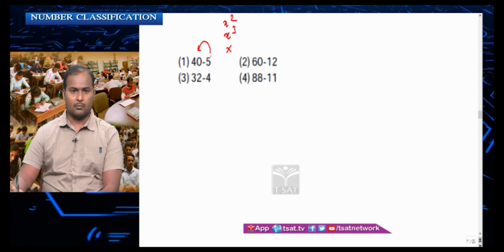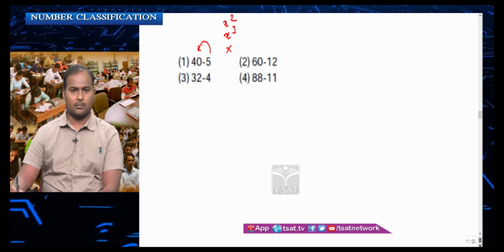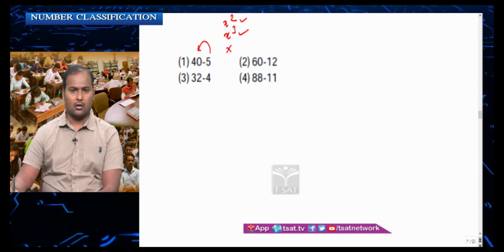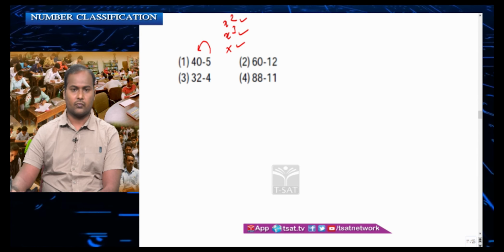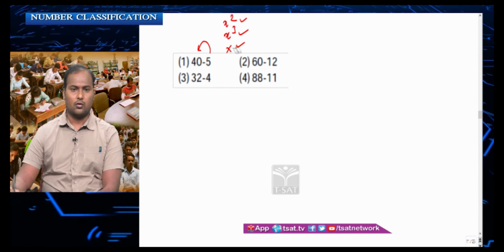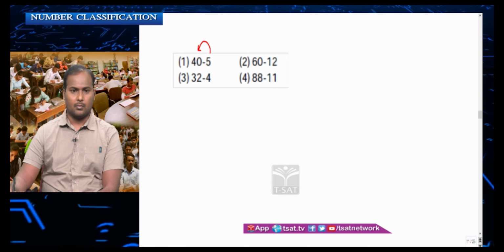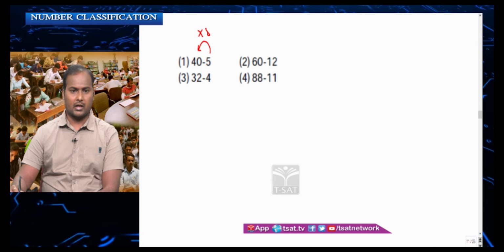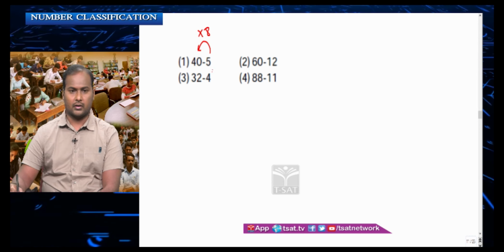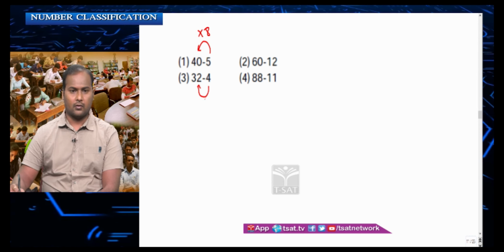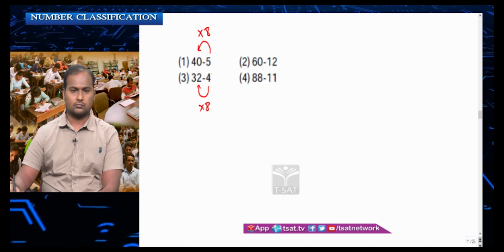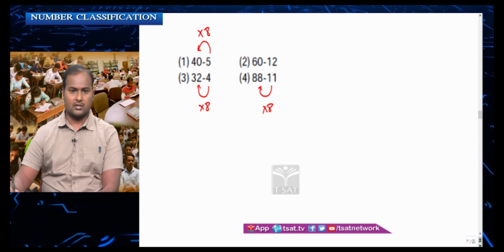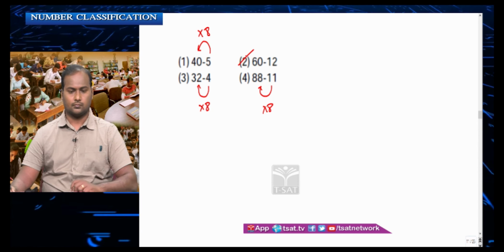The moment you see numbers going from small to big, what you have to analyze in the exam is whether it may be a square, cube, or multiplication. Try to check with these three, you may get the answer. But in this case, directly I know that 540 is 8 times: 5 times 8 is 40, 4 times 8 is 32, 11 times 8 is 88. So obviously your answer is 2.